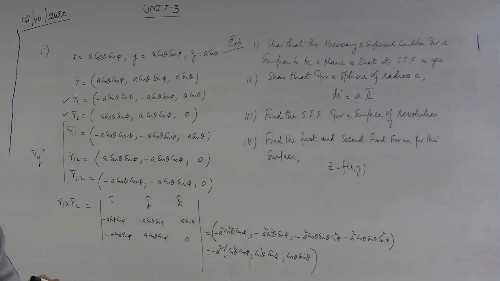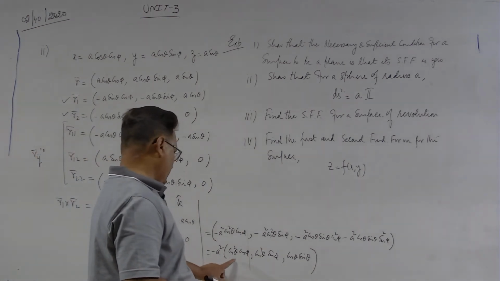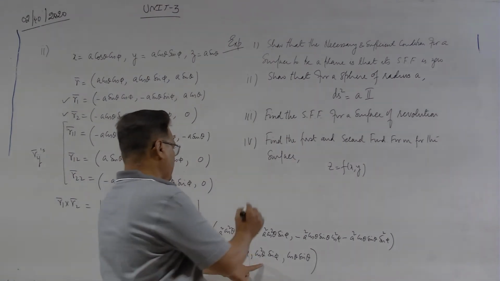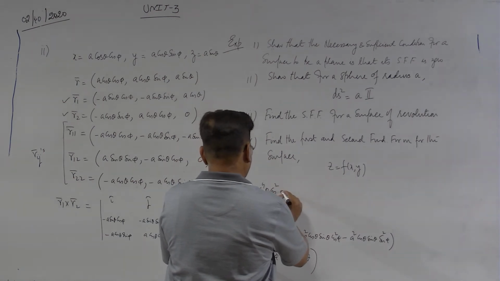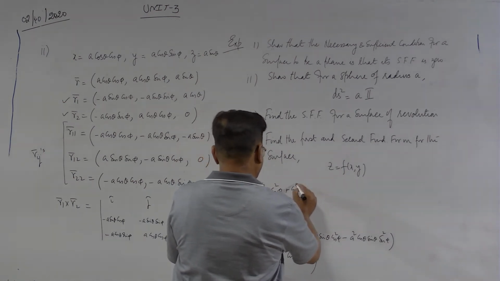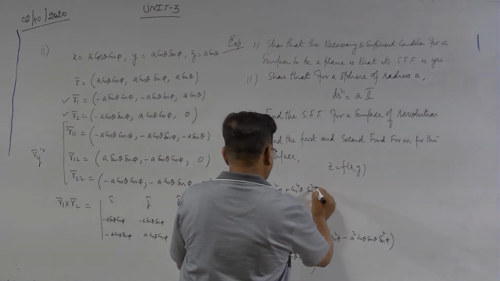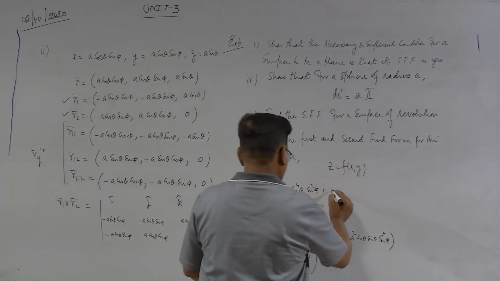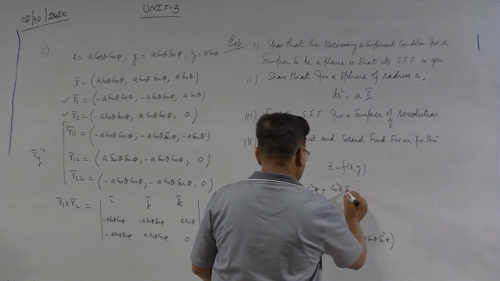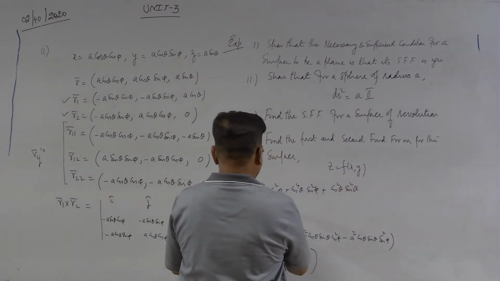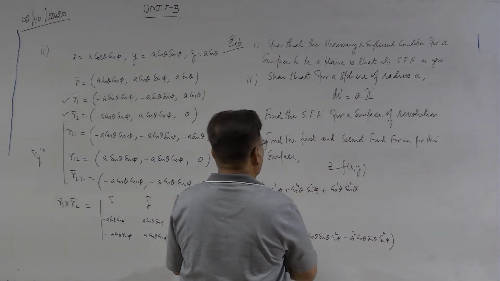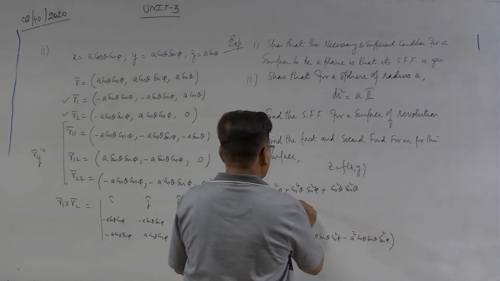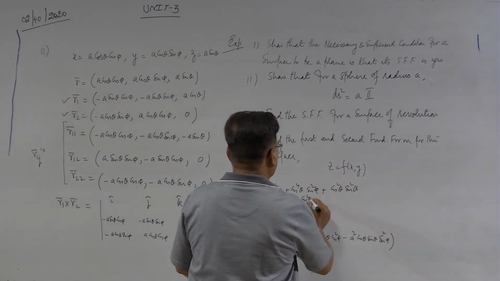When you take its mod, see what will be the mod. How much will you get? This square plus this square means cos 4 theta into cos square phi plus cos 4 theta into sin square phi plus cos square theta sin square theta. So, cos 4 theta common. So, this will become just 1 plus cos square theta sin square theta.